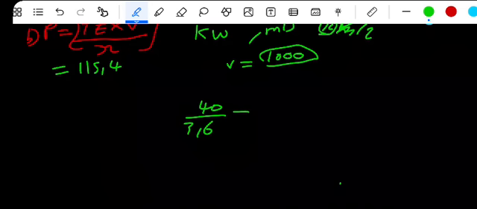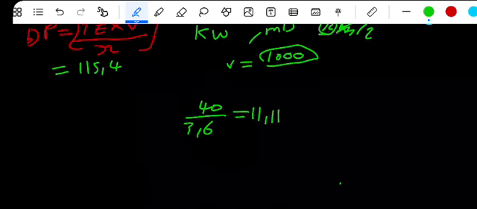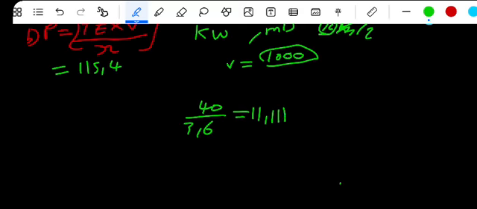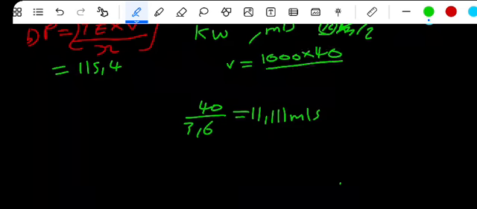If you say 40 divided by 3.6, you'll have 11.1 meters per second. Someone can use the straight method: 1,000 multiplied by 40 divided by this.